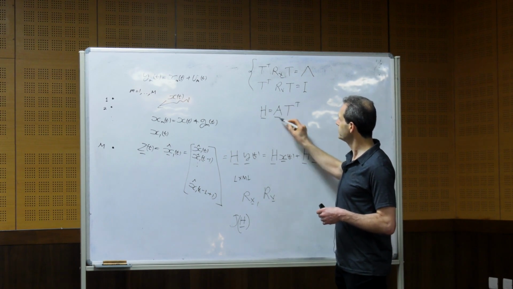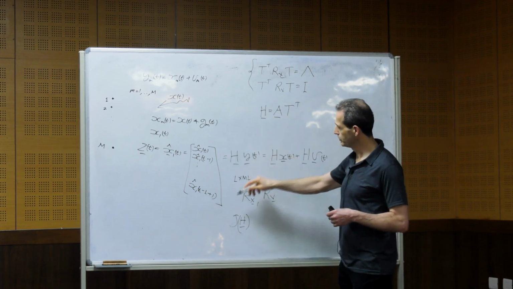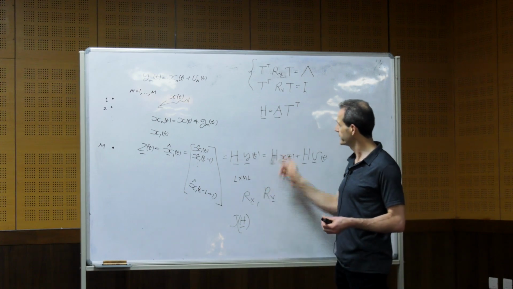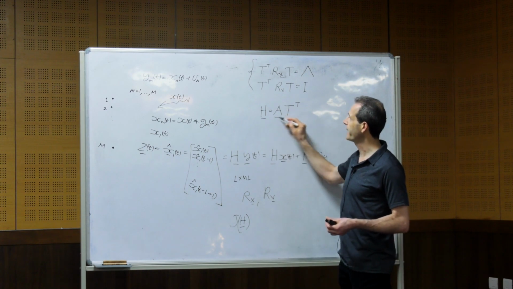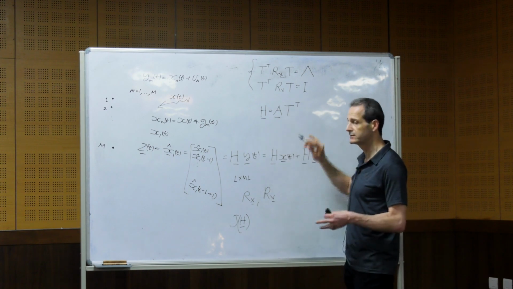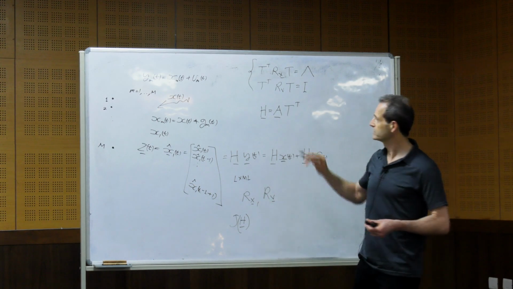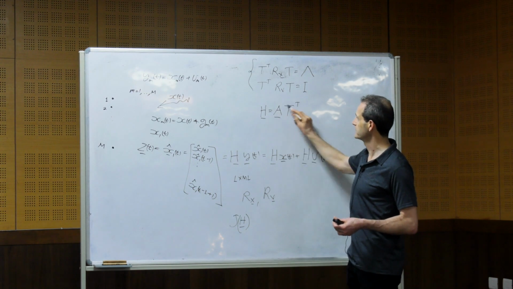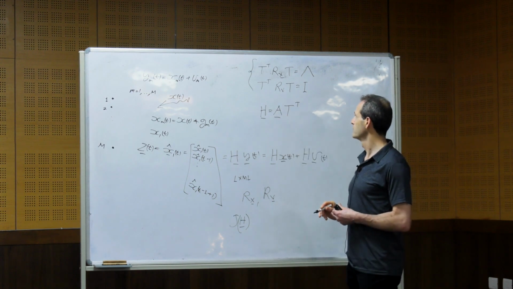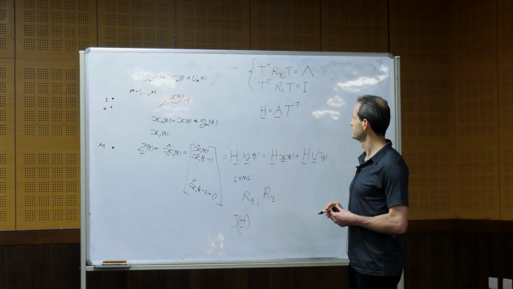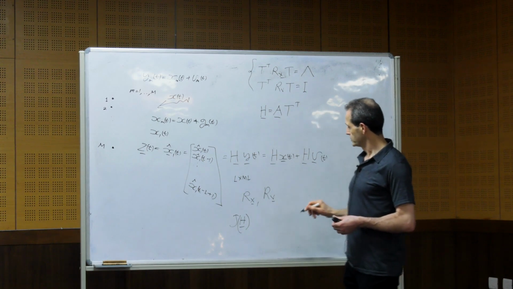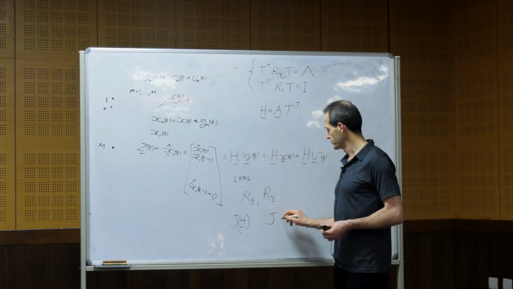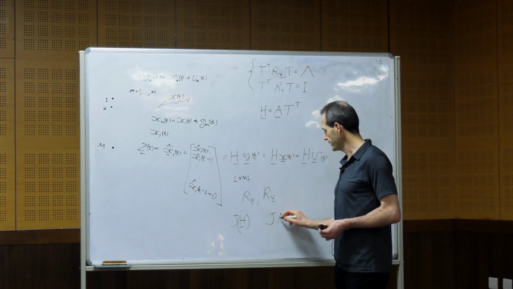Now, instead of formulating the performance measures as a function of H, we can formulate them as a function of A in the transform domain, because T is known. And once we find the optimal A, we can find the optimal H simply by multiplying with T transpose.